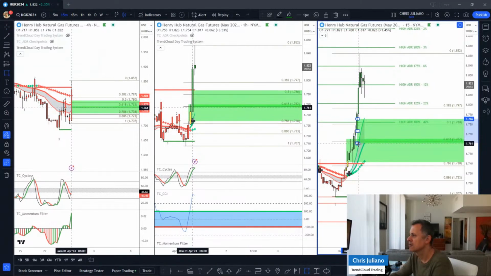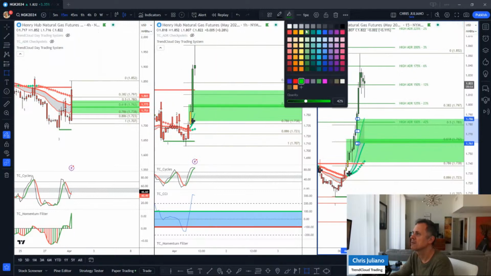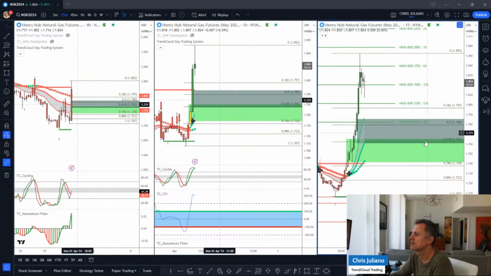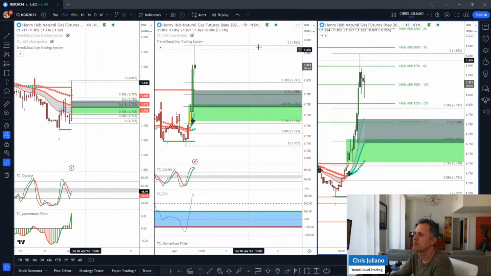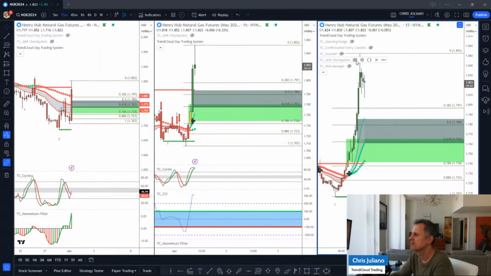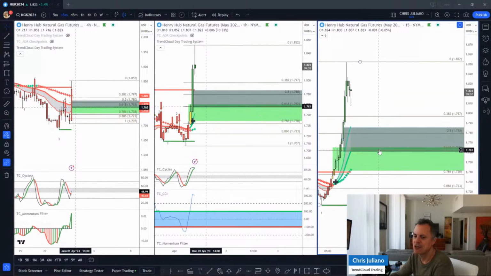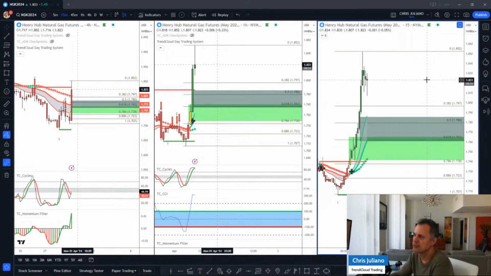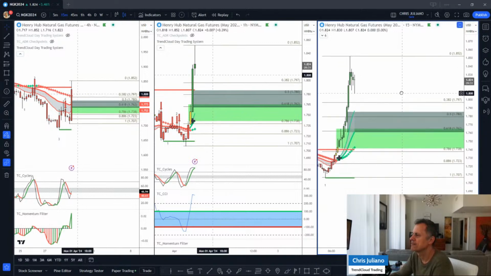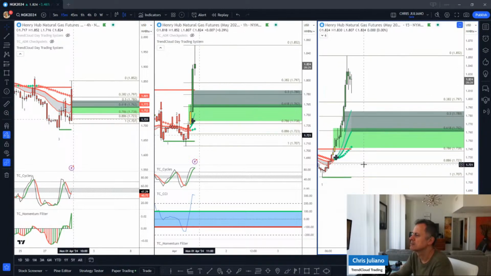From here to here, make that a little different color green. Yeah, we hit those ADR checkpoints. So I think we might see real slow action now on that natural gas until tomorrow.